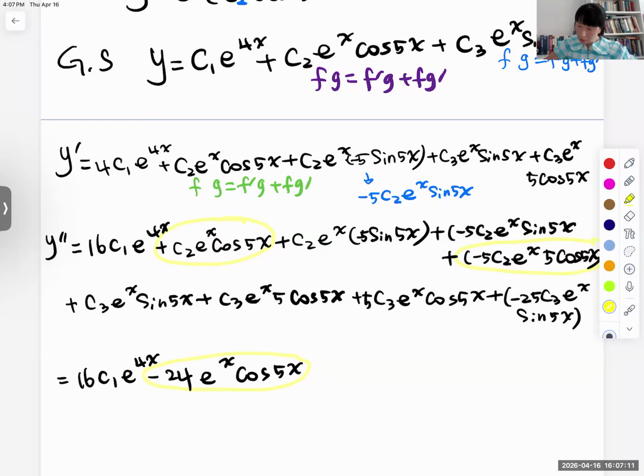Okay, now let me see. C sub 2 sine, this one, C sub 2 sine. Okay, that's it, right? All right. So there will be negative 4 then.